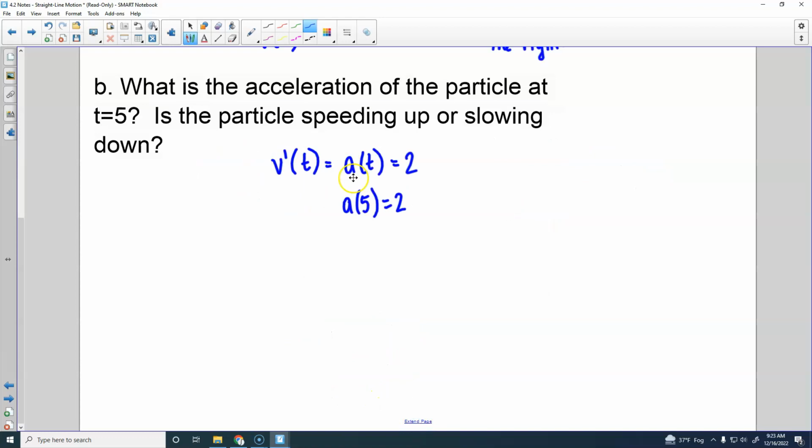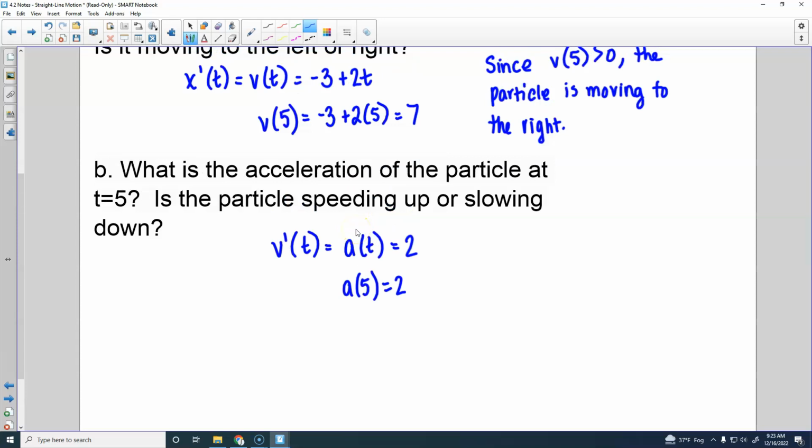So in this case, I need to know if the particle is speeding up or slowing down. If acceleration is positive, is the particle always speeding up? It's not.